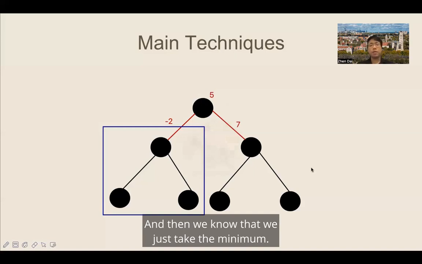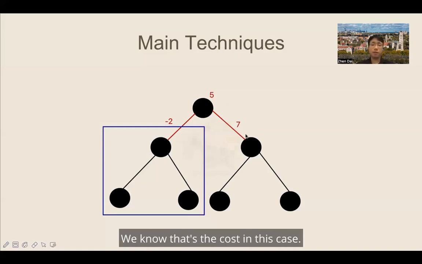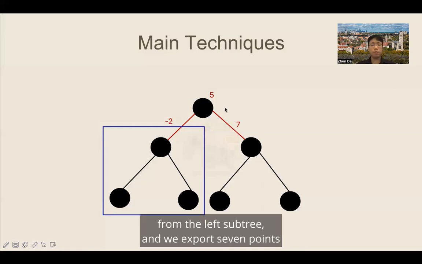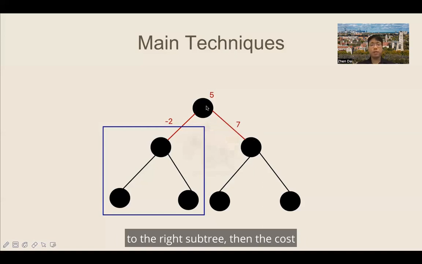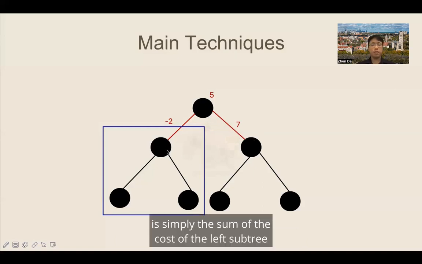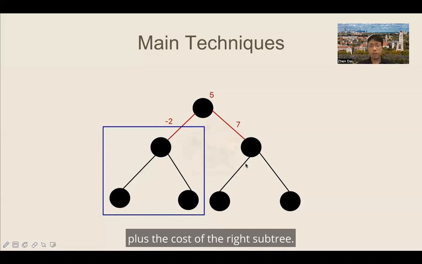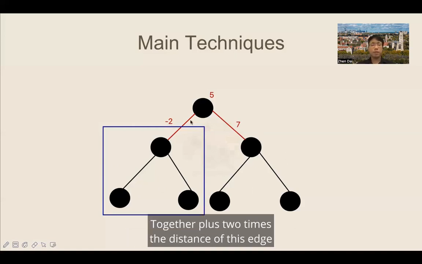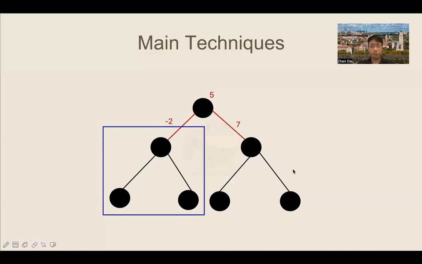And we just take the minimum. For instance, if we import 2 points from the left subtree and we export 7 points to the right subtree, then the cost is simply the cost of the left subtree plus the cost of the right subtree, plus 2 times the distance of this edge plus 7 times the distance of this edge.